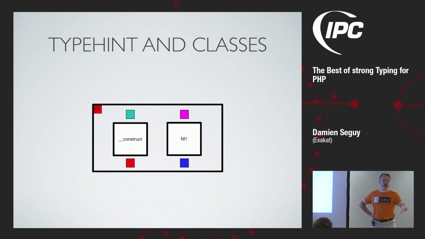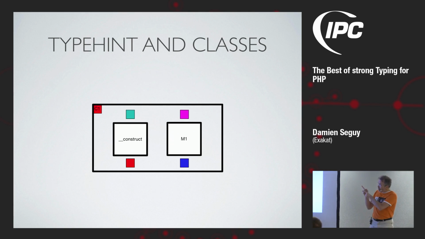The constructor will always be called anytime we do a new, and calling the constructor is exactly the same. Both of them will take arguments, and those arguments will pile on each other to actually allow us to call M1. It's just very simple for us. We don't see that, but anytime you want to call M1, you actually need two classes now. The one for M1, and the one from the constructor, because you cannot call M1 without the constructor.